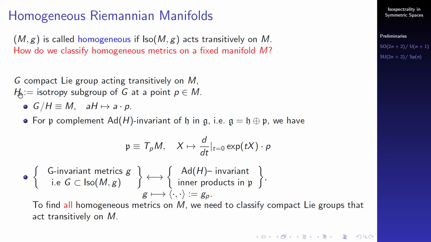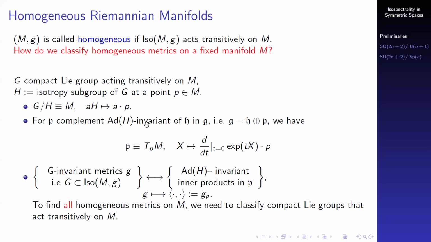It is well known that the quotient G/H is diffeomorphic to M by this diffeomorphism. And what we do is we take a complement, an Ad(H)-invariant complement p of h in g. That means that we can write g as h plus p, where p is Ad(H)-invariant.